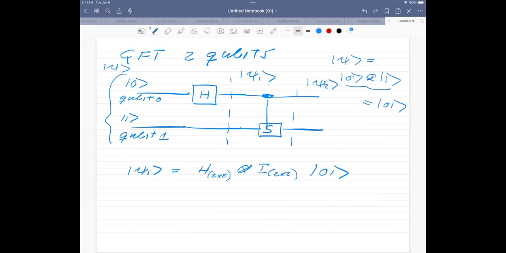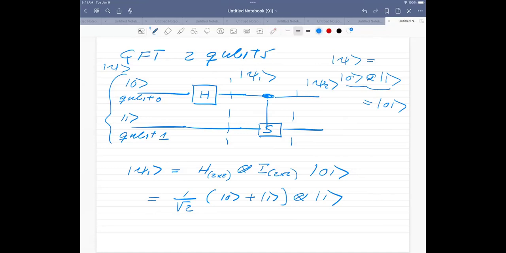If I now write it out, I'm going to spell it out a little bit differently. That gives us 0 plus 1, and then we have the tensor product with the other qubit, which is a 1 here. So instead of using the compact notation, I'm trying to keep some of the tensor product just to see that we are going to operate with given qubits here.